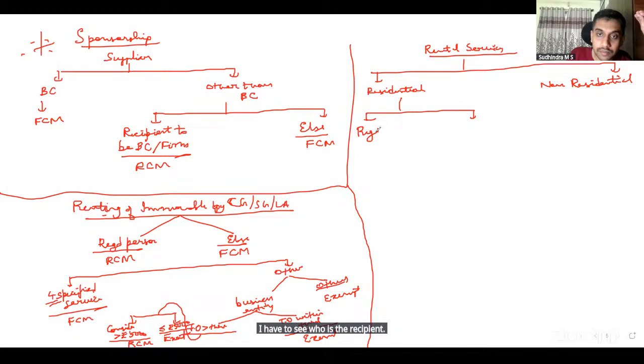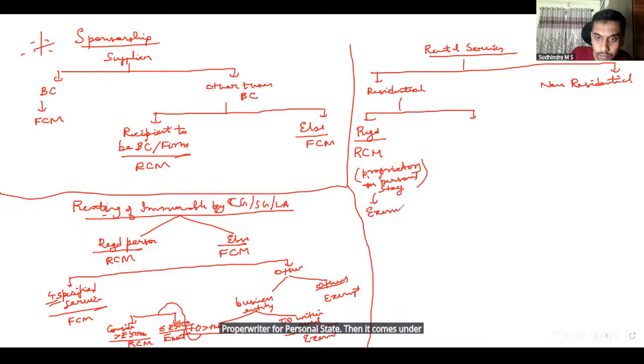If the recipient is registered, normally RCM; only a proprietor using it for personal stay is exempt. Whereas if it is provided to an unregistered person, exempt.